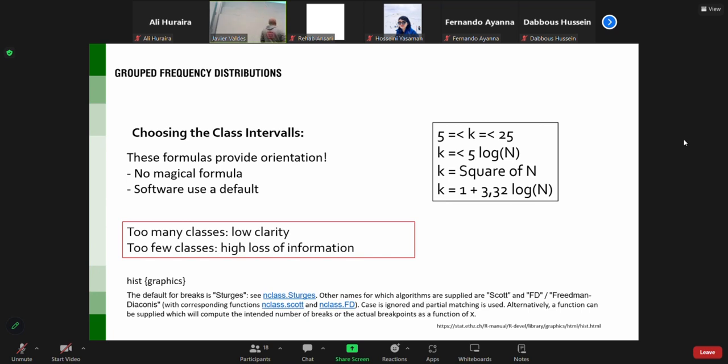A histogram is a plot of the frequencies with bars. That would be a histogram, okay?